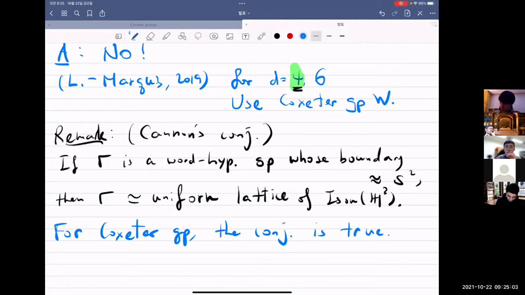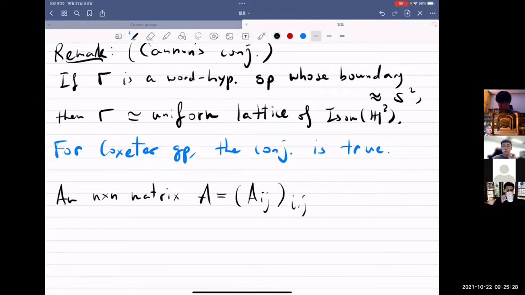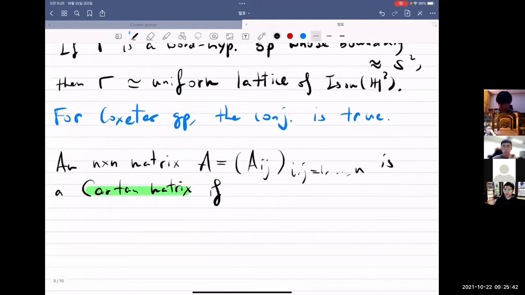And then to construct these representations using a Coxeter group, we need to understand this Tits-Vinberg theory. Okay, so let's start with the Cartan matrix. So the n by n matrix A, A_ij, where i and j are from 1 to n, is a Cartan matrix if it is satisfying the following conditions.